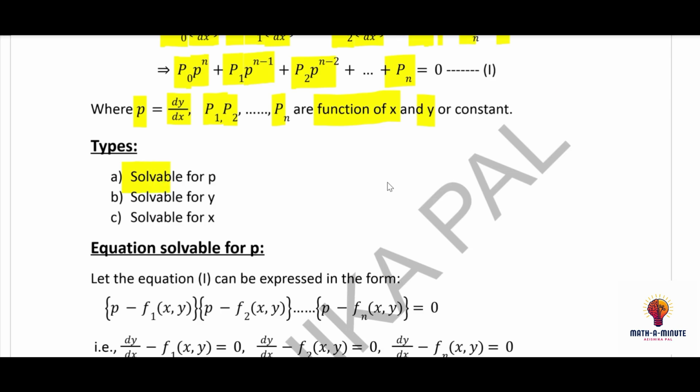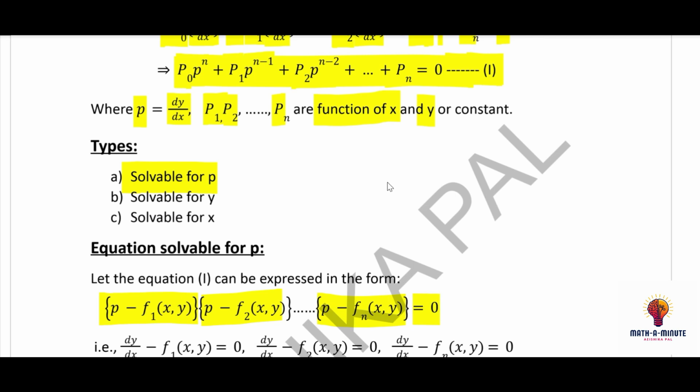If any differential equation can be written as a factor of p, that is, we can factorize equation 1, then we use this method, known as solvable for p. Suppose we can write the equation in factor form: (p minus f1(x, y))(p minus f2(x, y)) and so on (p minus fn(x, y)) equals 0.